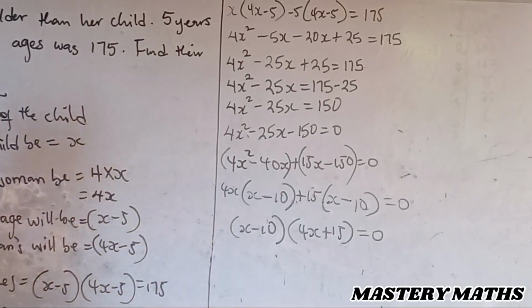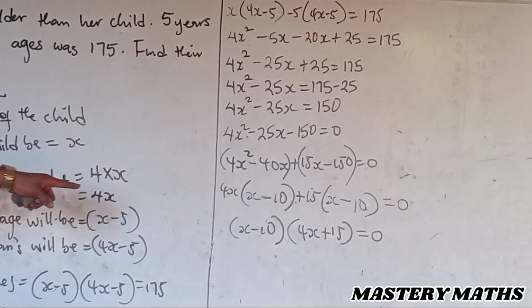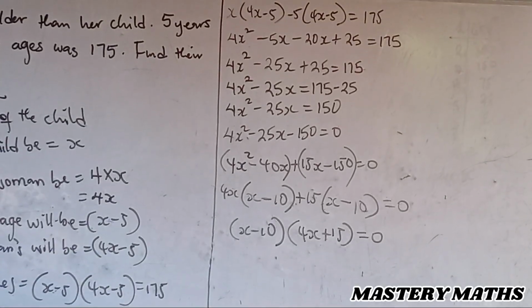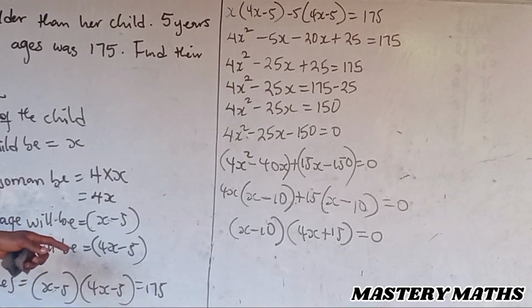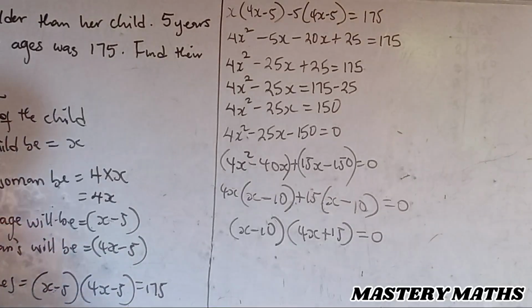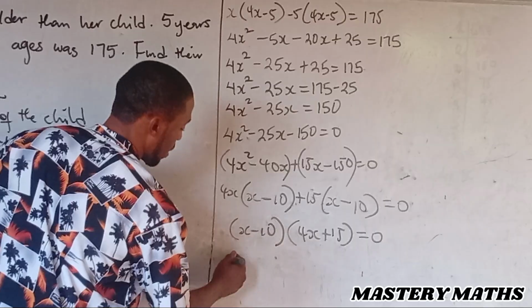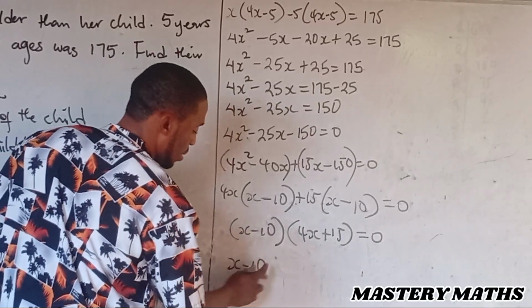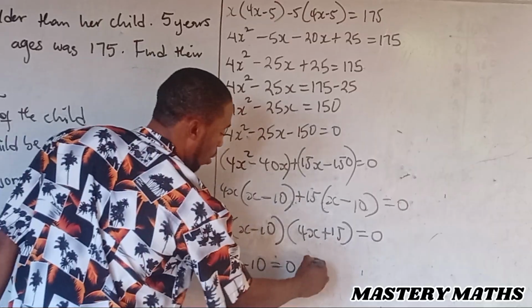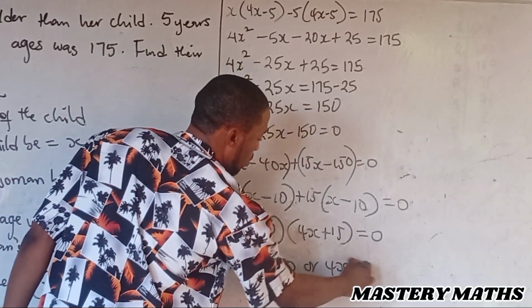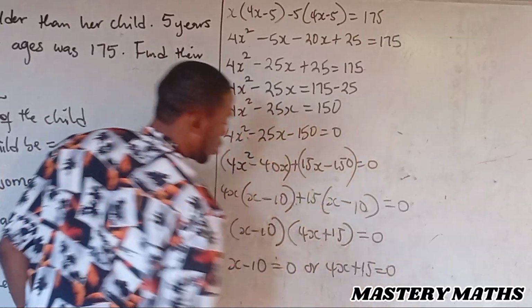Then we share it: x minus 10 equals 0, or 4x plus 15 equals 0.